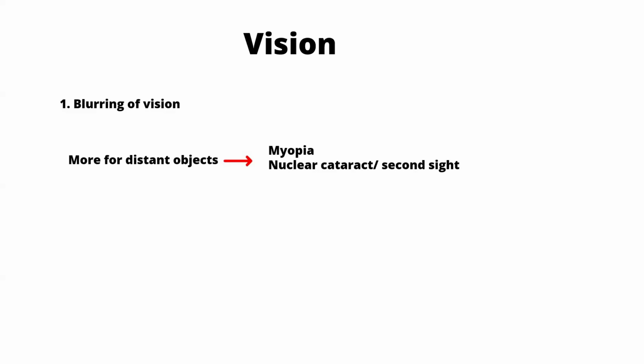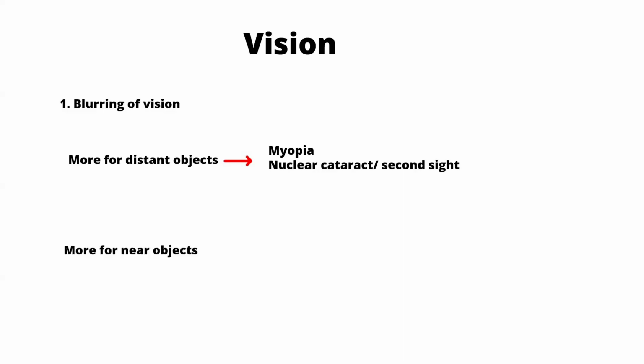This is otherwise called second sight. Patients with nuclear cataract come with this history. They say that they have blurred vision for distant objects, but for near vision, suddenly they can see even without glasses. Then you should suspect nuclear sclerosis.